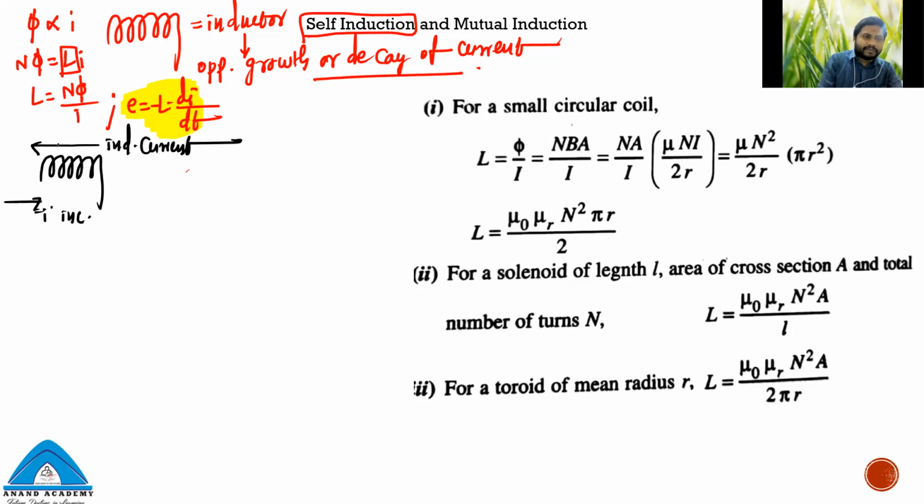By knowing the induced current direction, you know how to find the induced EMF, right? This induced EMF is equal to L into di by dt. Students, where is the minus sign here? The minus sign is represented in this induced current direction.